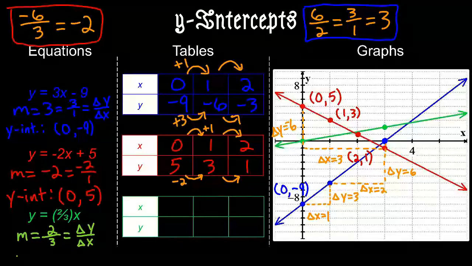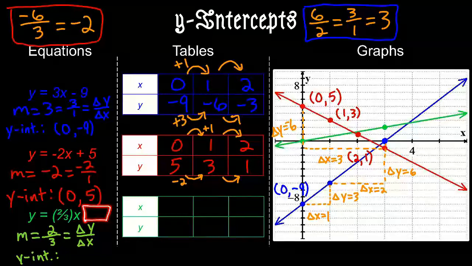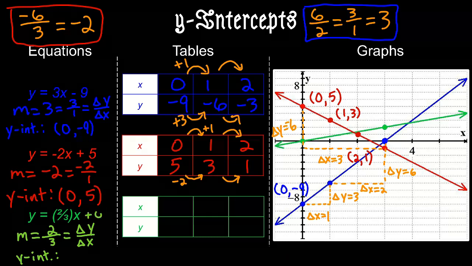And the y-intercept here is a little tricky. There's no b value here. Well, it's there, it's just not written there. Really, it's like +0. So our y-intercept always has an x value of 0, and here the y value of our y-intercept is 0.